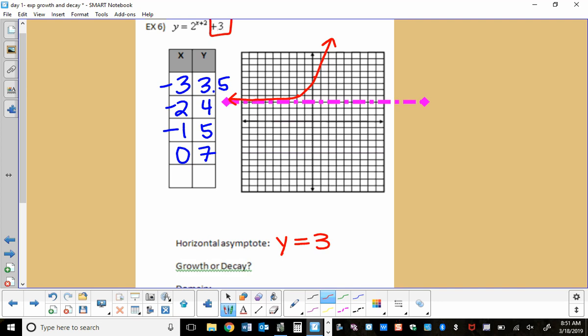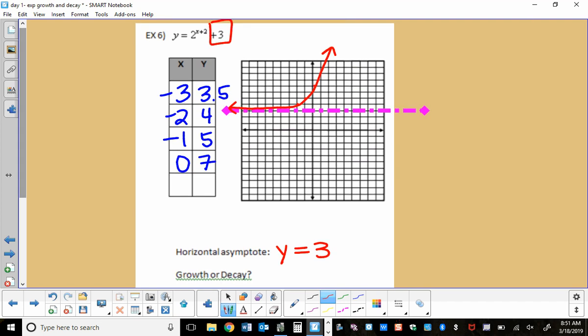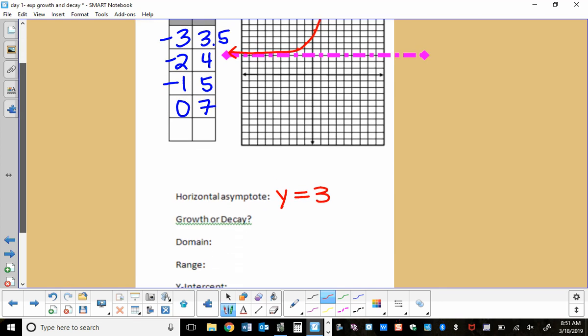What that looks like. All right, James, from left to right, am I going away or towards my asymptote? You're going away. Good. Kenzie, what's my domain?